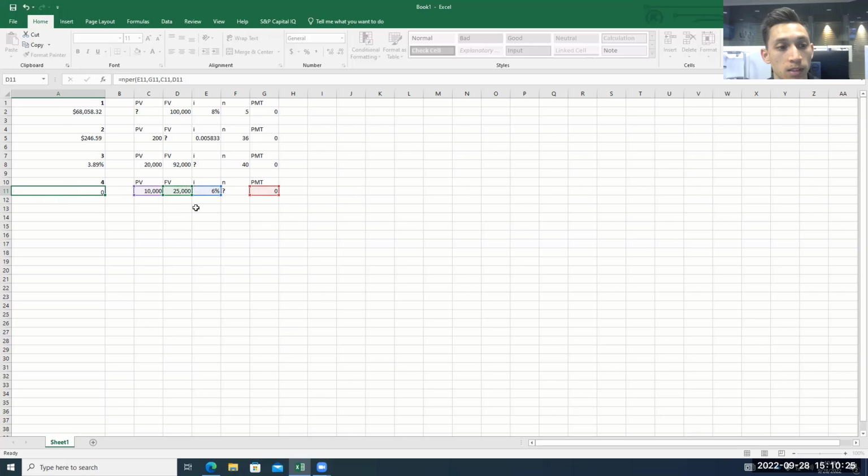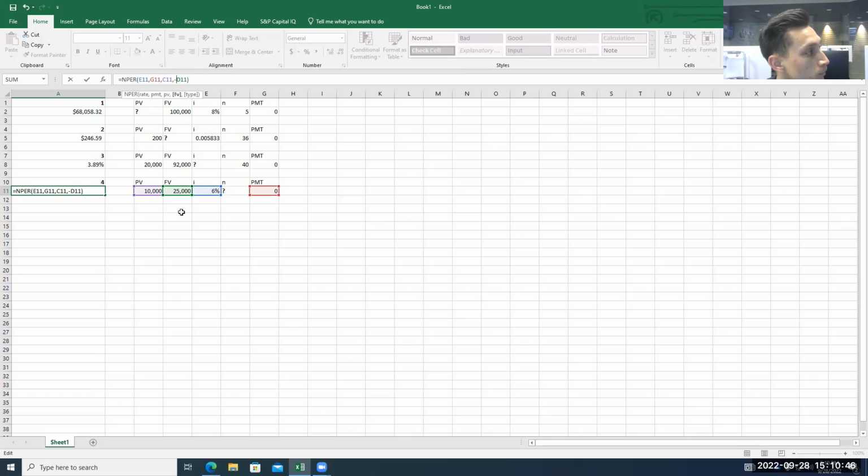If I just put that in, it will come up with the number error, and I've noticed that is because we actually have to put the negative sign here. If we don't, it will give you an error message. So I'm just putting the negative sign. I like to put it over future value. I think present value and future value are interchangeable, but I like to do it over future value.